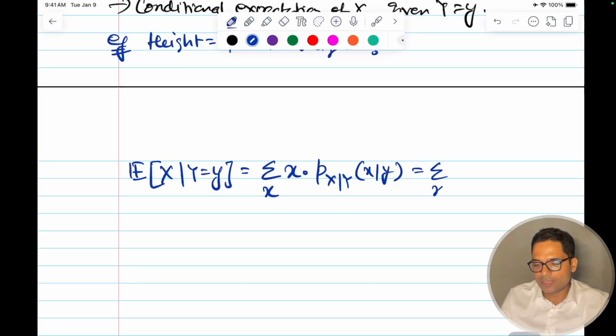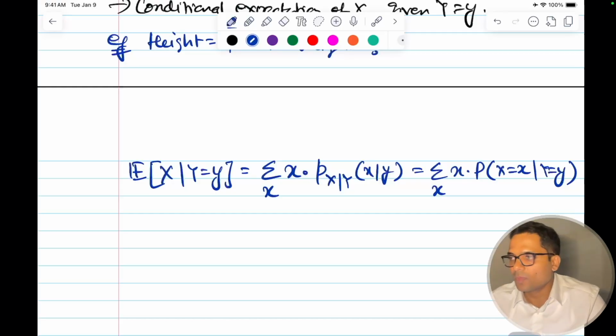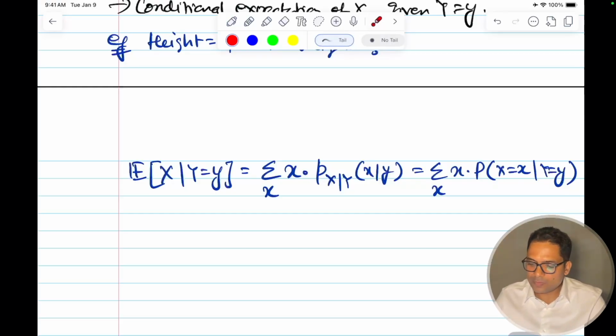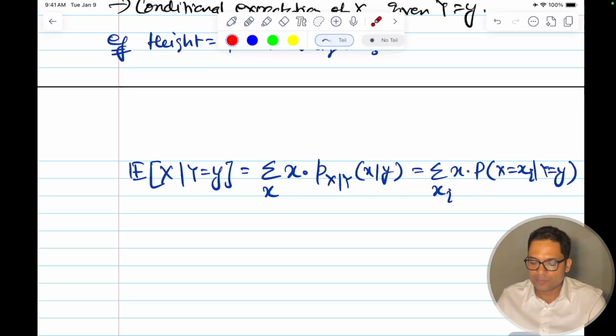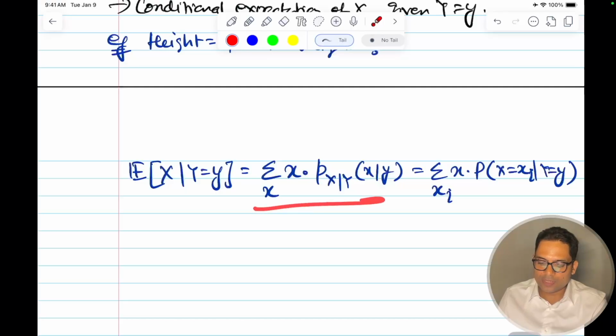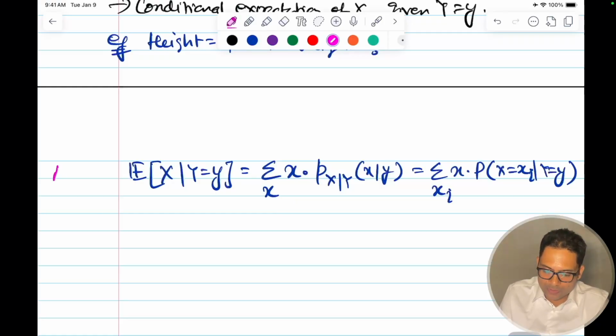The other way to write this is the summation over x of x times the probability of X equal to x given Y equal to y. This can be written better with xi, which is more readable: for all the values of xi, the summation of xi into the probability. This is your discrete case.